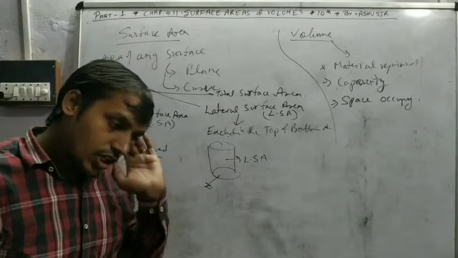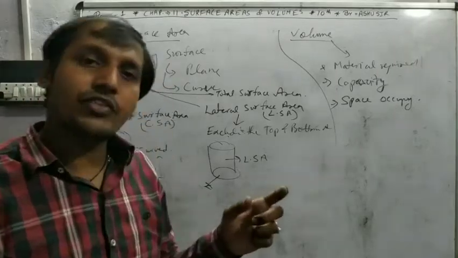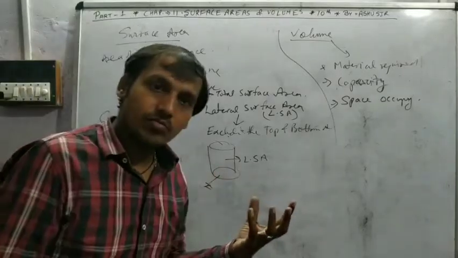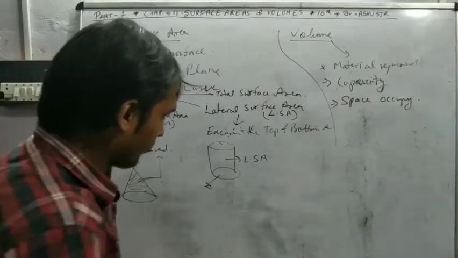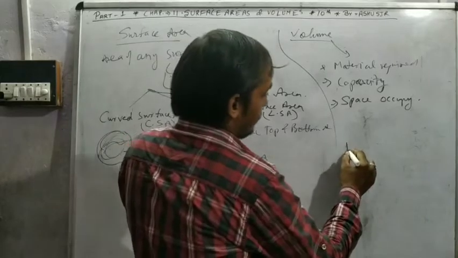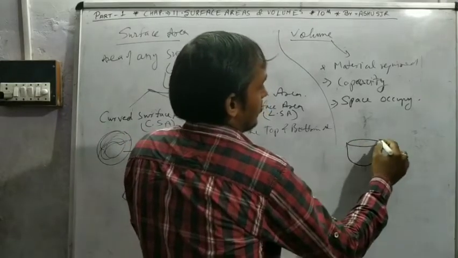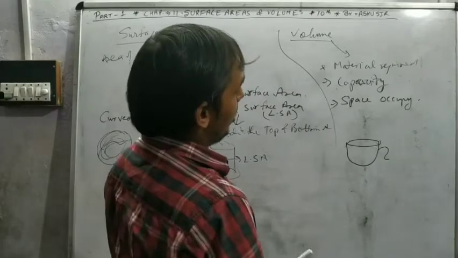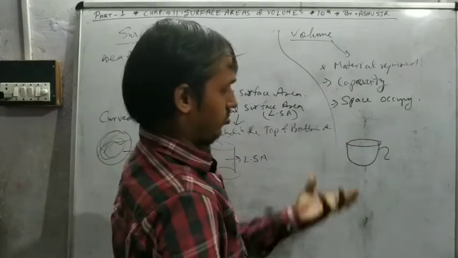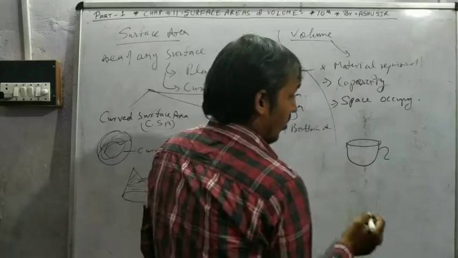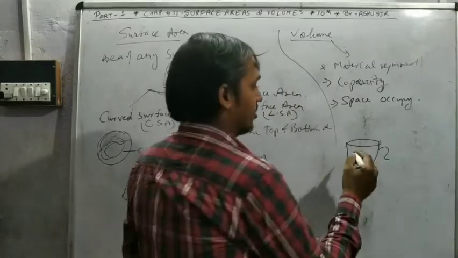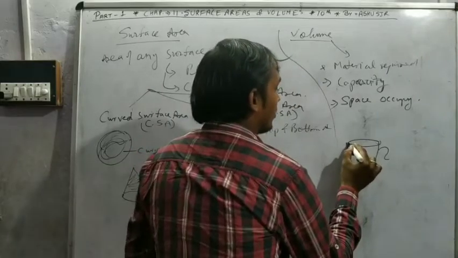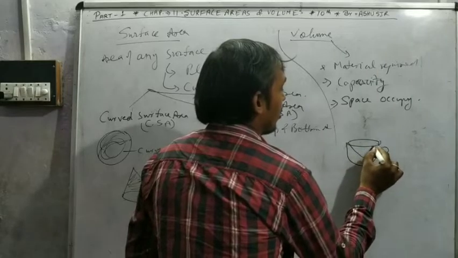If I say you have a cup of tea, a soap cup from outside, this is the cup. You can say, oh, very big cup. But for the design purpose, the inner part is this.